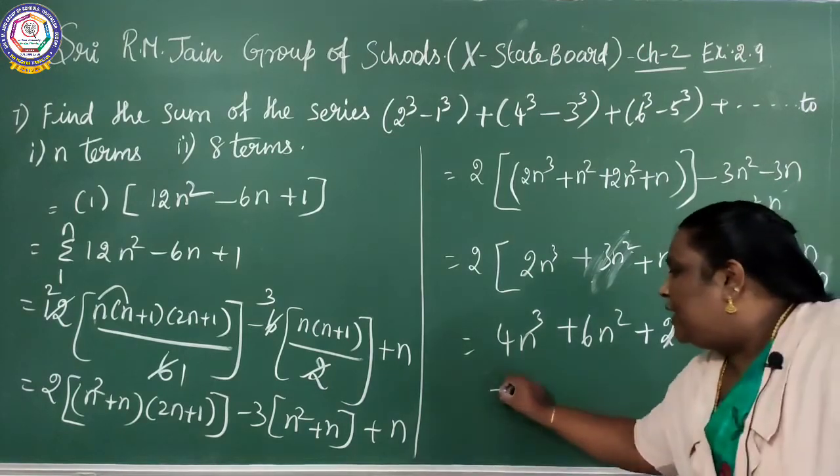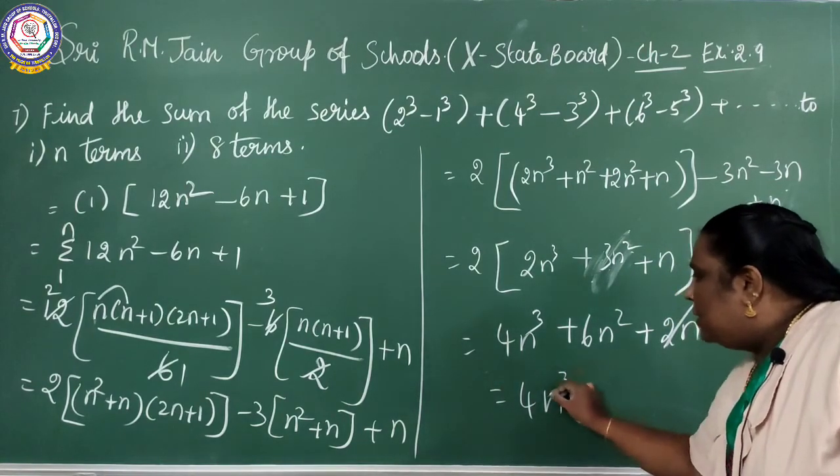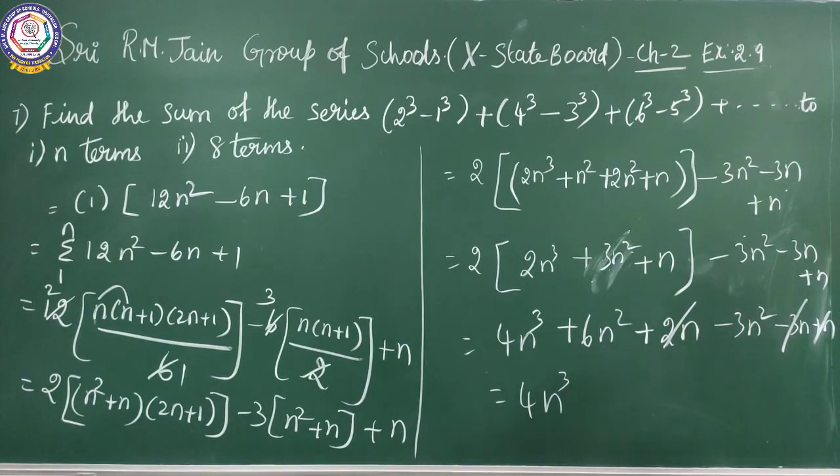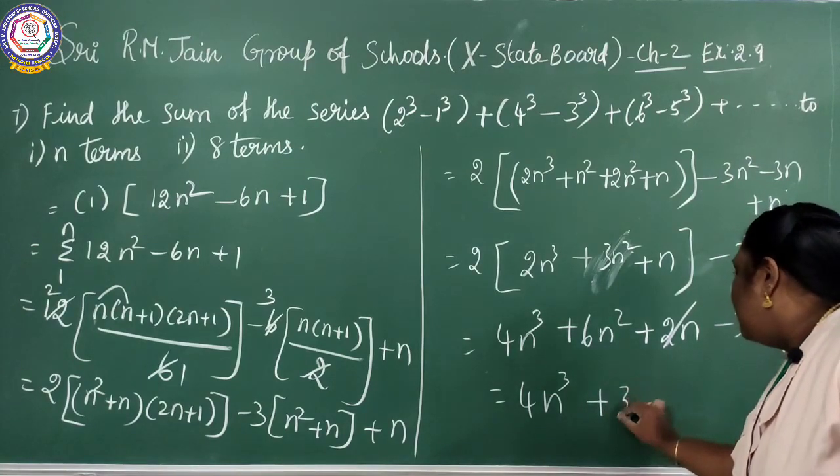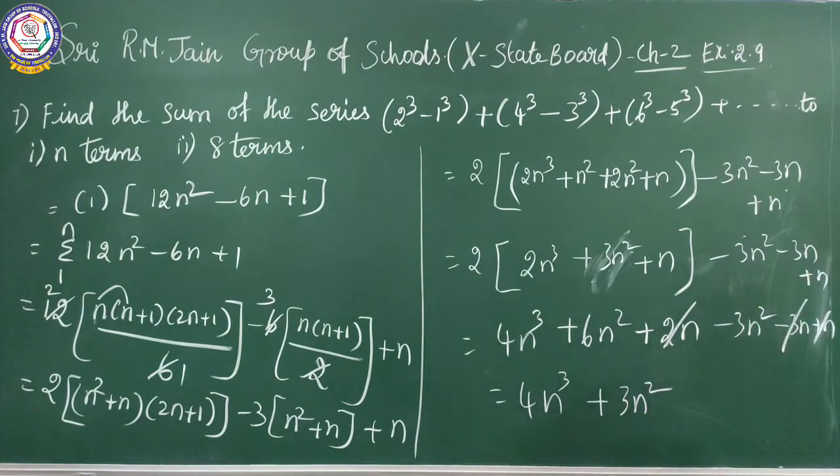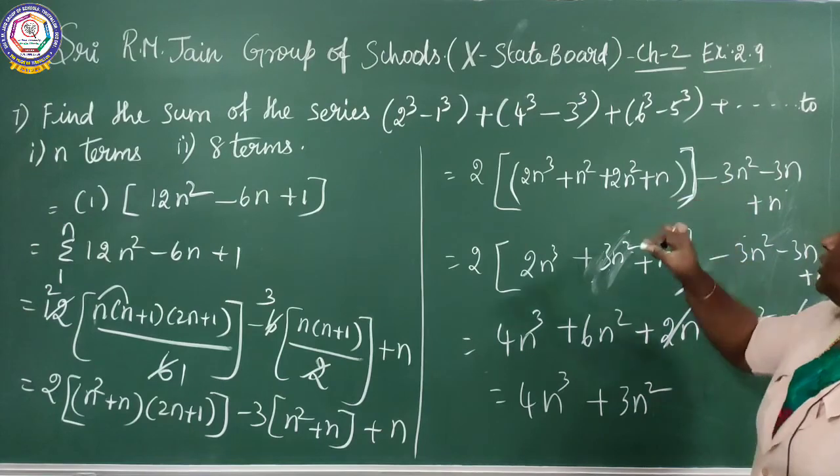So what is the final thing? 4n cube, 6n square minus 3n square, what is the value? 3n square. So 4n cube plus 3n square. See to it that the brackets are clear.